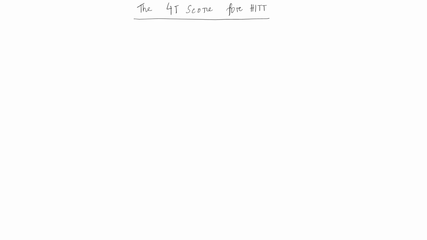Now, first of all, what are the components of the 4T score? The first T is thrombocytopenia. The second T is timing of first event. Remember, this first event can be either thrombocytopenia or thrombosis.